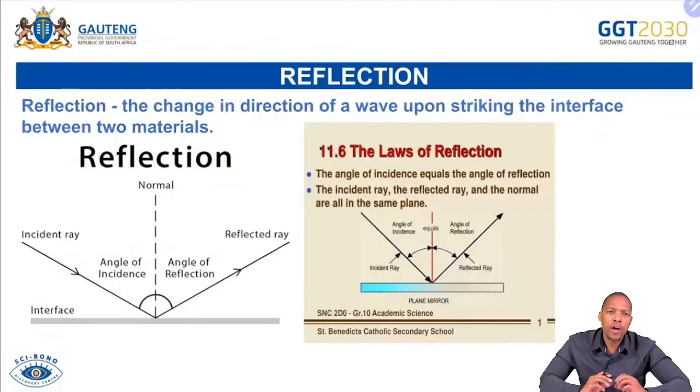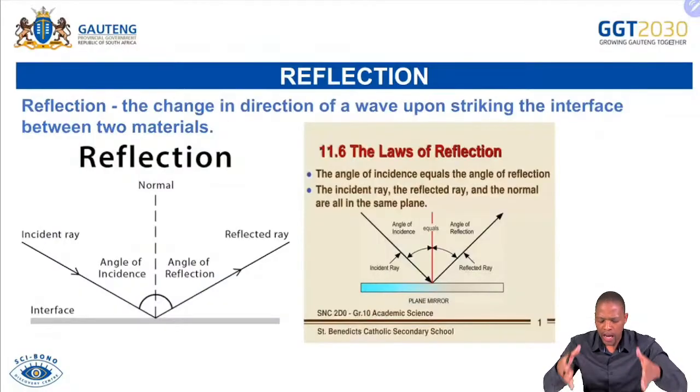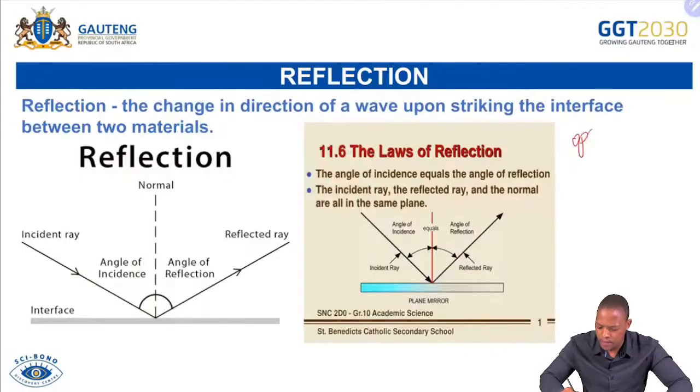Okay, so grade 12 reflection, in essence, reflection explains how we see things. Okay, how is it that I'm able to see you? How is it that I'm able to see things that are in front of me? And it's said that light rays go in and they bounce off the object, an object that is opaque.